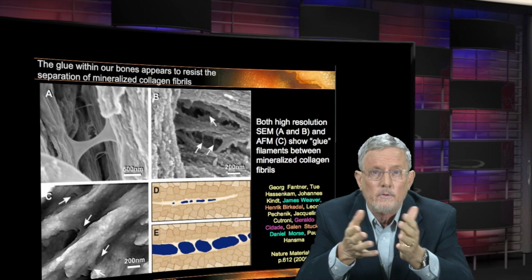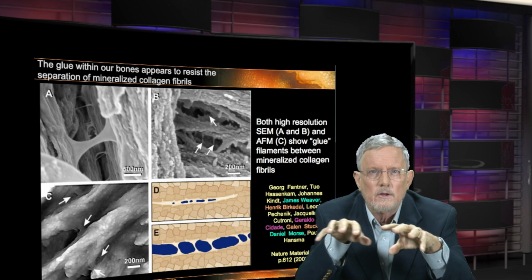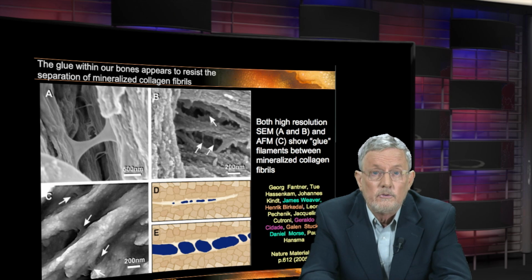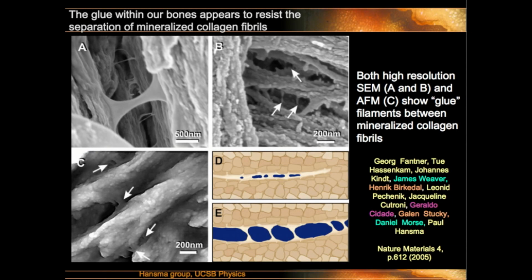In the fully wet bone, we would imagine it's just this gel with all these molecules running through it. And it's those gel molecules that contain sacrificial bonds and hidden length and that resist the fracture of bone.